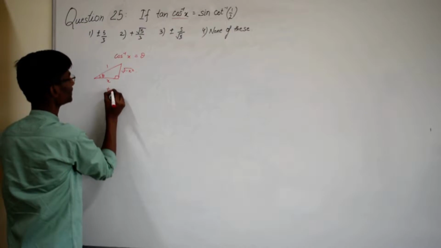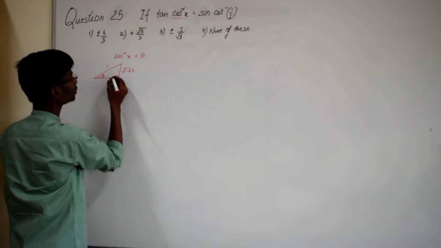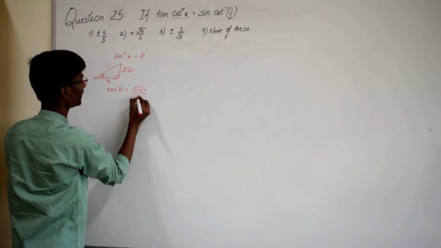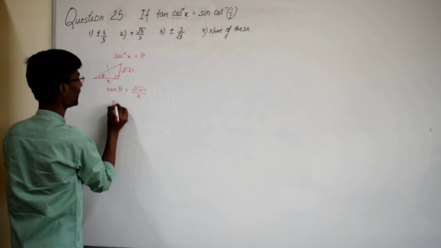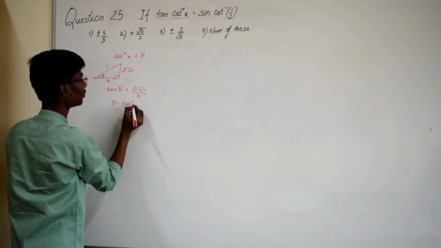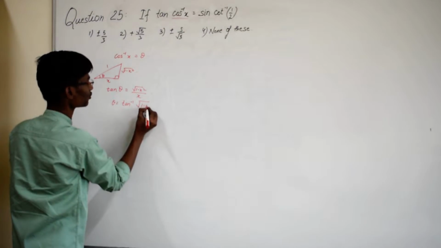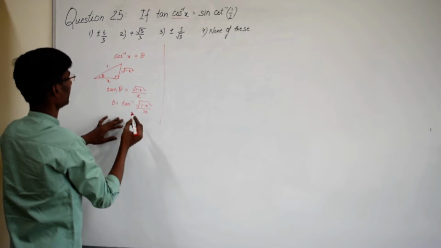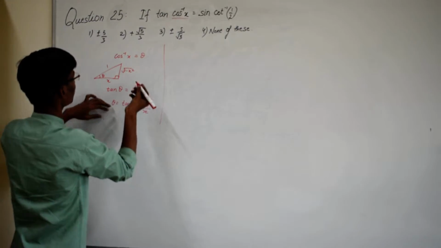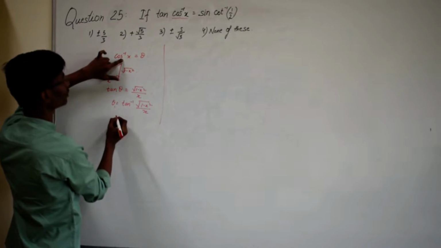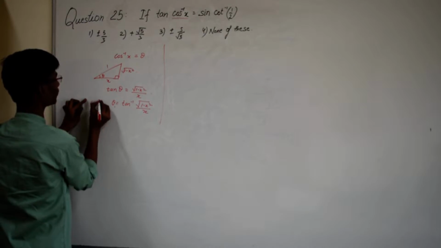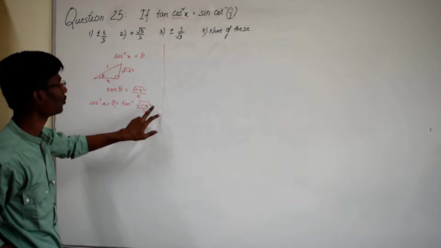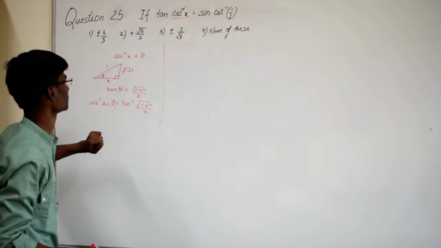So we can write tan theta equals under root 1 minus x square divided by x, or theta equals tan inverse of under root 1 minus x square upon x. And since we assumed theta is cos inverse x, cos inverse of x equals tan inverse of under root 1 minus x square upon x.